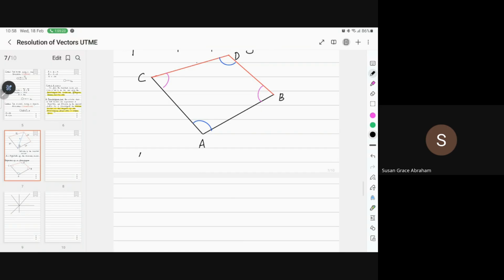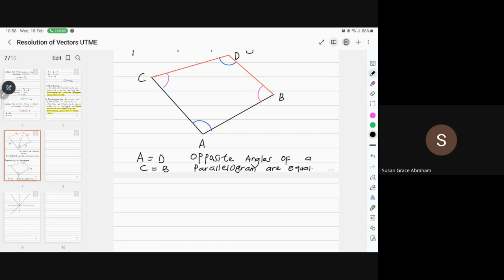That A is equal to C, and that B is equal to D, which is that opposite angles of a parallelogram are what? Are equal.